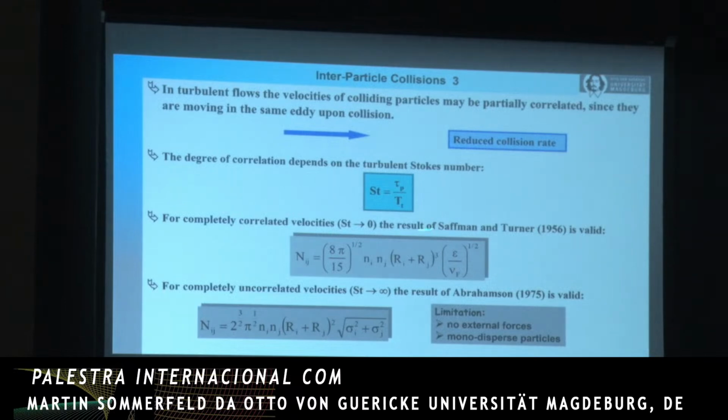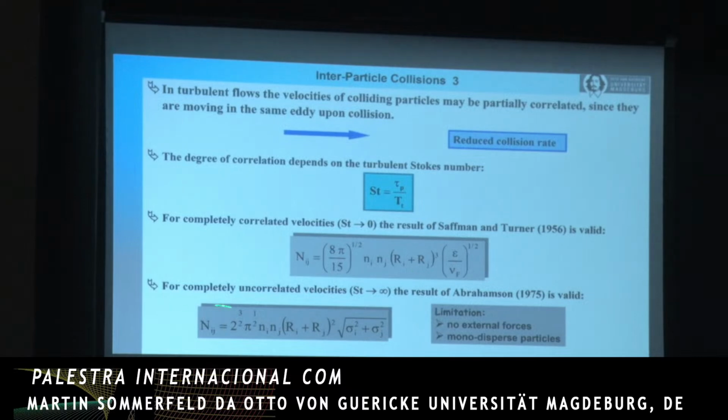As I said, there are various correlations describing the collision rate, the number of collisions per volume. For Stokes number towards 0, Saffman and Turner derived this correlation, depending on the dissipation rate here and the collision cross-section.